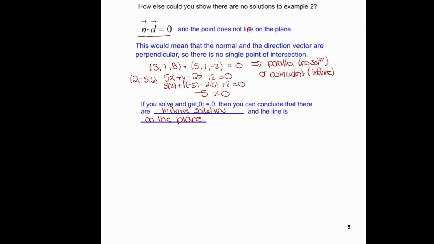So remember, you have 3 choices, and I'm just going to summarize them here, with what could be happening with a line and a plane. If our parameter t is equal to some number, then we're going to sub to get the point of intersection, because there will be a point of intersection if t gives us a value. If 0t equals a number, then there's no solutions.